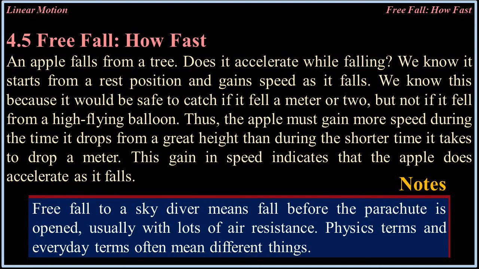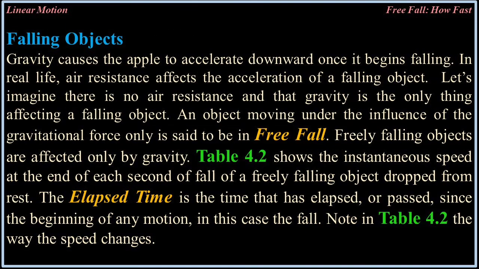Free fall to a skydiver means fall before the parachute is opened, usually with lots of air resistance. Physics terms and everyday terms often mean different things. Falling objects. Gravity causes the apple to accelerate downward once it begins falling.